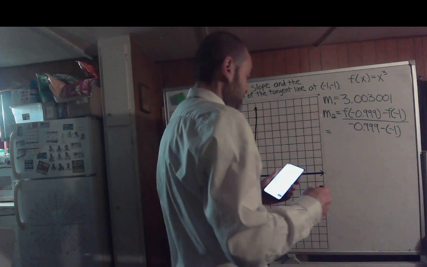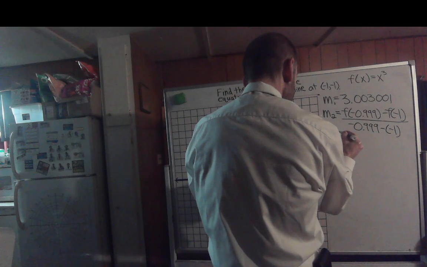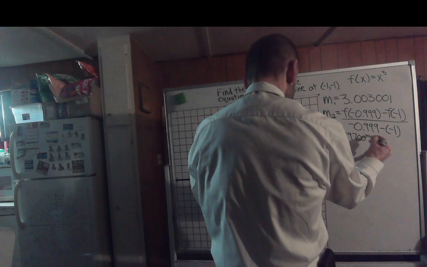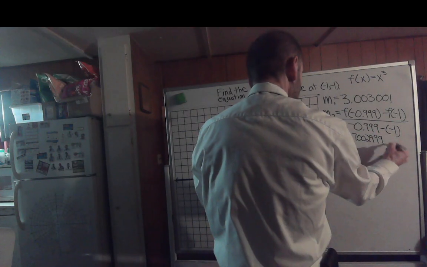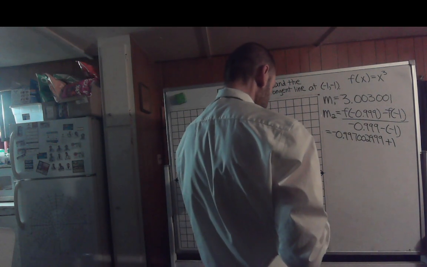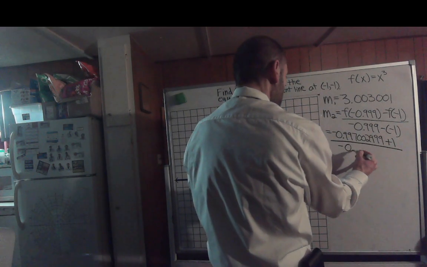So we got a doozy of a number here. We get -0.997002999. F of -1 is -1, so minus -1, that's plus 1. All that divided by -0.999 minus -1, that's plus 1.